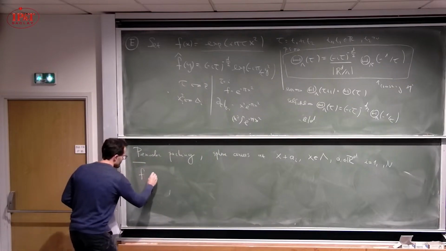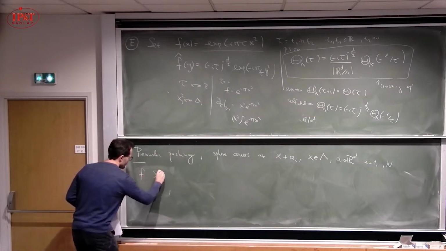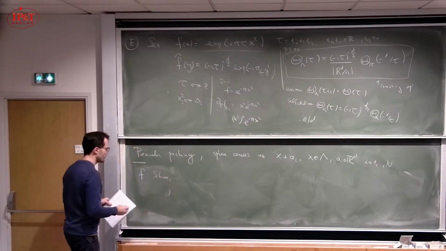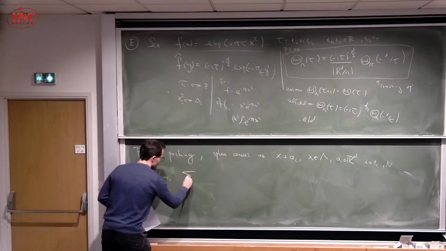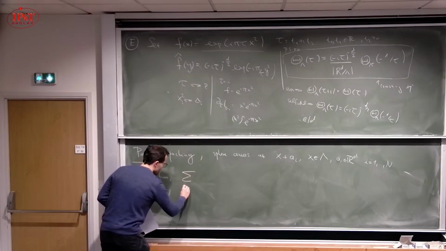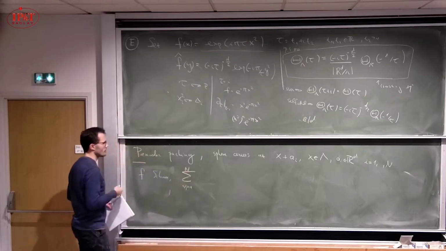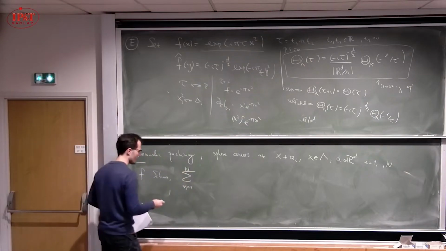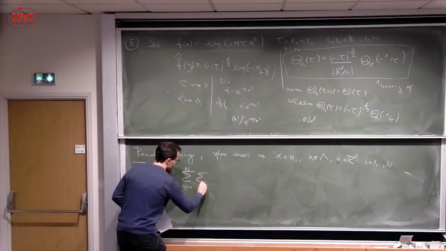Going back to the first case, f is a Schwartz function, or any function for which the Poisson summation formula holds. And then consider this sum. We're going to sum f not just over the lattice, but, as the natural generalization, over all the distances between spheres.